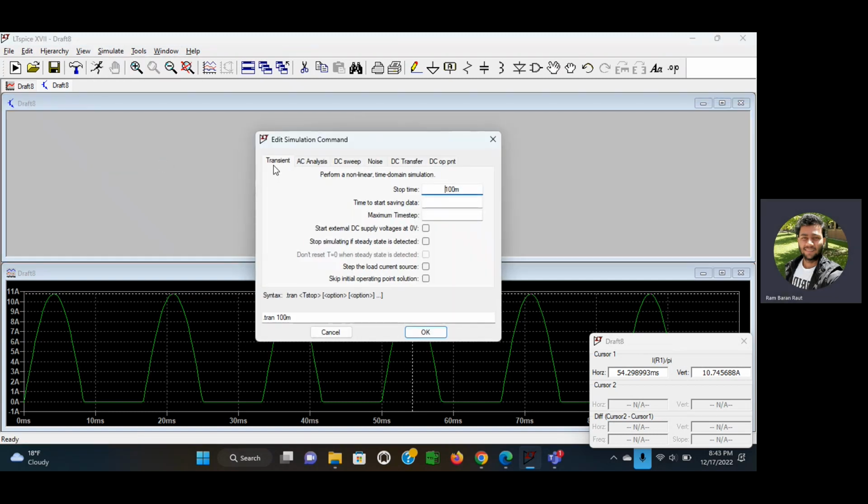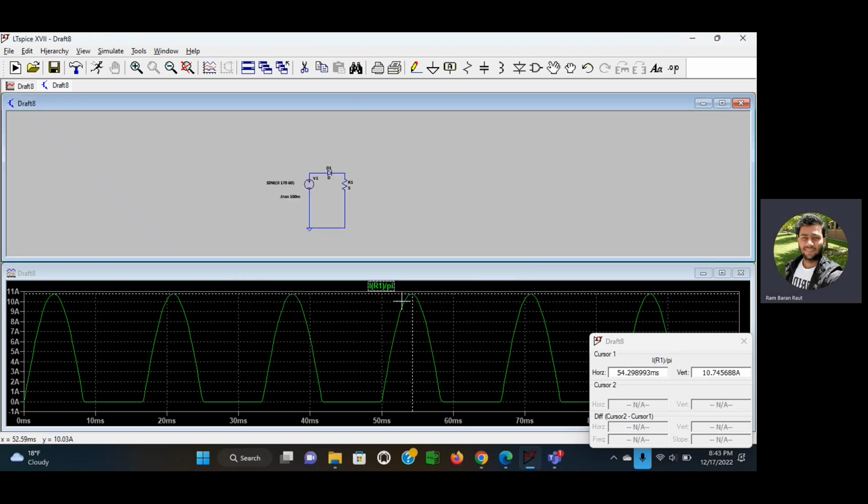For the transient response, the stop time is 100 milliseconds, which is 0.1 second. So this is R1, the load current. I have already divided by pi to get the average load current.